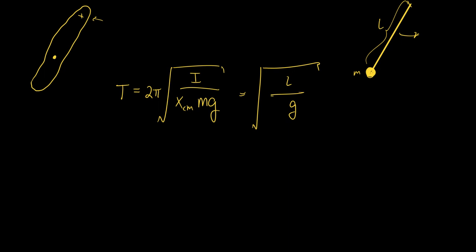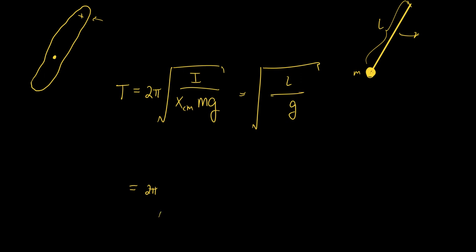Because I don't have the time that I'd like with you guys to do this, but a simple pendulum, square root of L over g, sure. A 1 meter long physical pendulum compared to the grandfather clock's pendulum being 1 meter long.